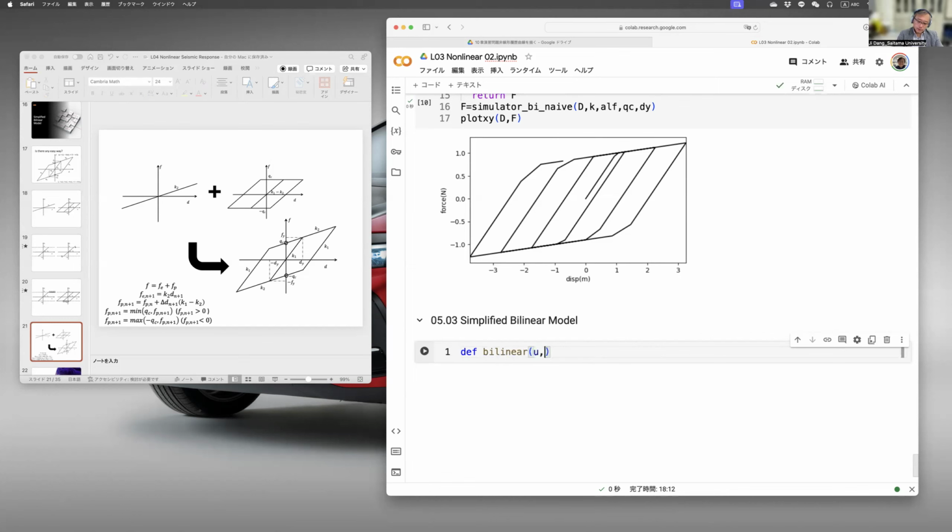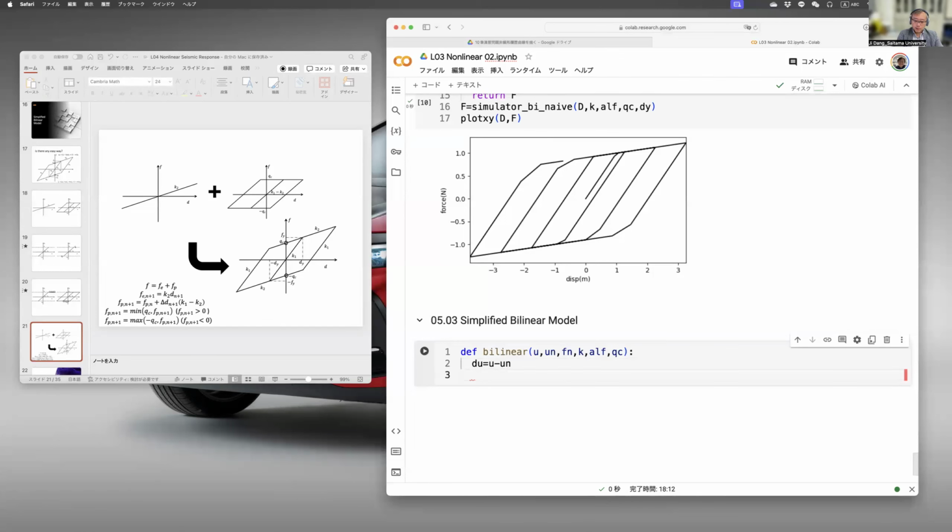I use U, UN, Fn, the last step's force, K, alpha, and QC. Okay, these are the parameters we're going to use. So du is the displacement increment, which equals U minus UN.